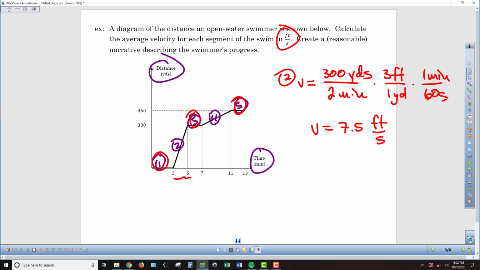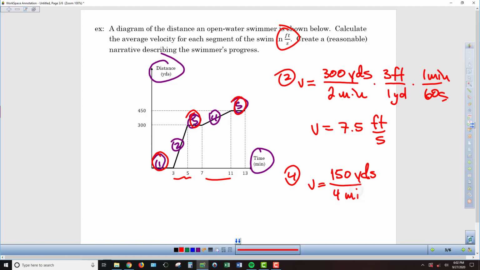And in segment 4, we've got a change in distance of 150 yards, since we're going from 300 to 450 yards, divided by what looks to be a 4-minute interval of time. And so we'll use those same conversion factors of 3 feet to 1 yard and 1 minute to 60 seconds.